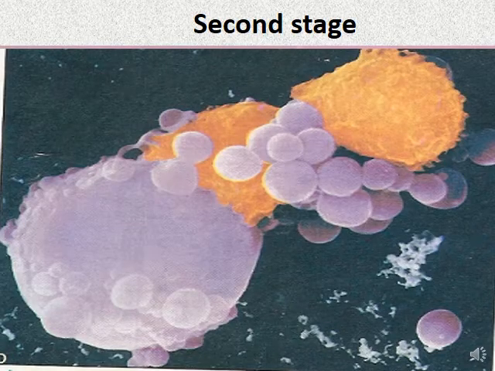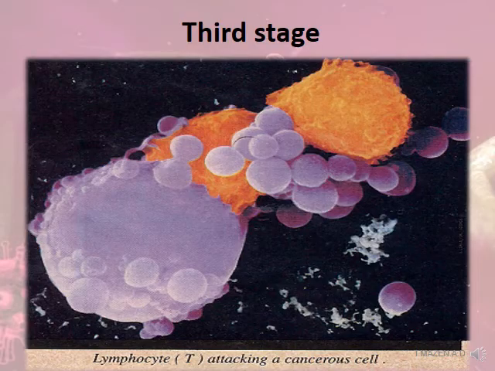Then they adhere to it using their TCR. And third, the T lymphocyte gives the infected cell a killer kiss, which creates holes inside the cell and leads finally to its death.